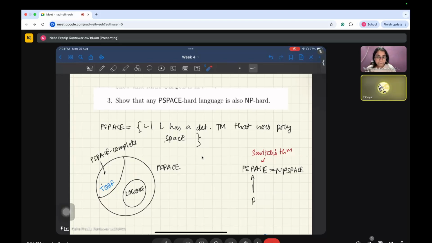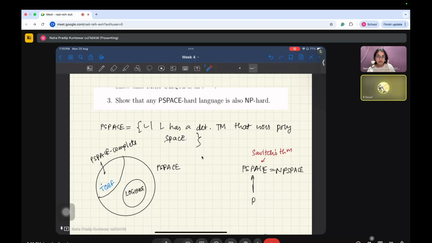So all those problems in P-space are at least as hard as NP problems. If all those problems get reduced into this problem, this reduction implies that all the problems in NP can also be reduced into this problem, that is, they are not harder than this problem.